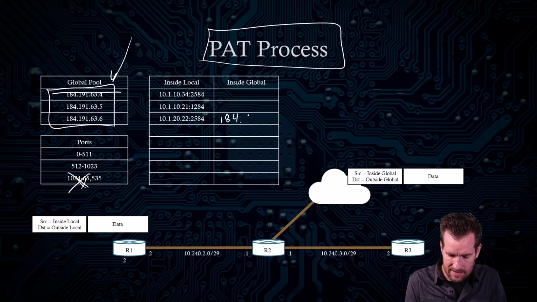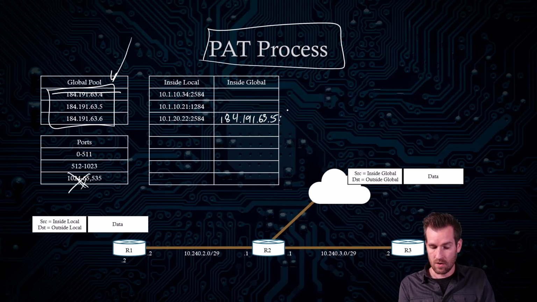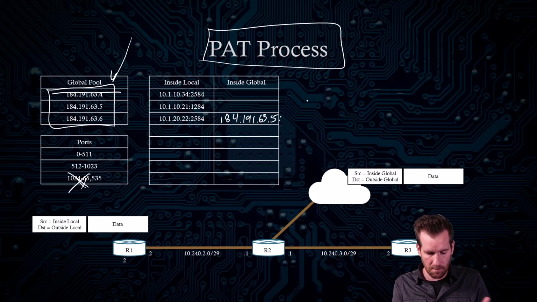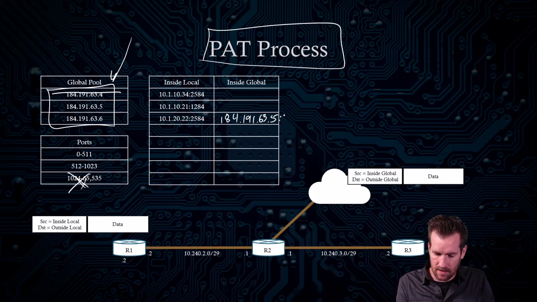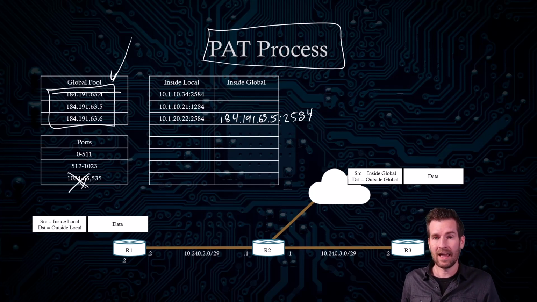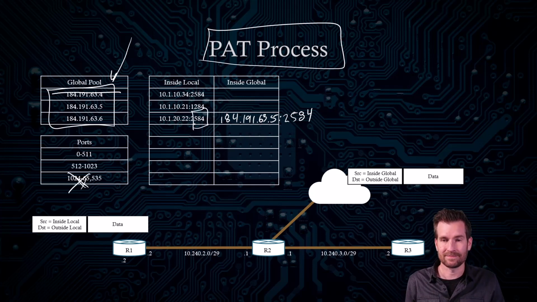So in this case, it'd be 184.191.63.5. And since this is a new IP address and all the ports are available, then it can utilize that same port. Now I will go into 2584 and be able to use the same one.